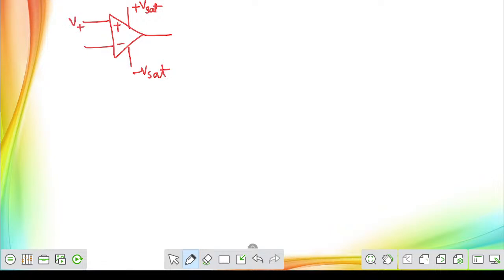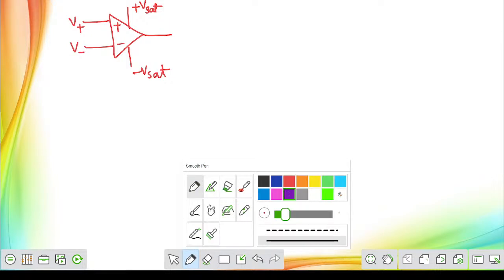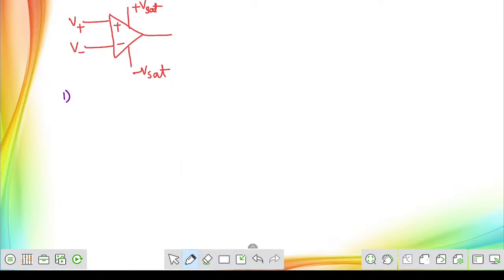Now let us take two terminal voltages, V plus and V minus. Case number 1: if the value of V plus is greater than V minus, then the output voltage V0 will be open loop gain A0L into V plus minus V minus, which means the output voltage will be plus Vsat.